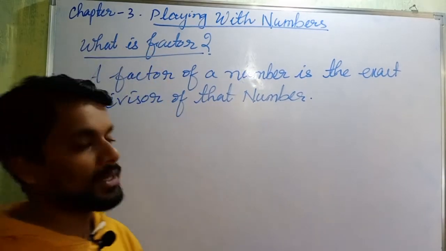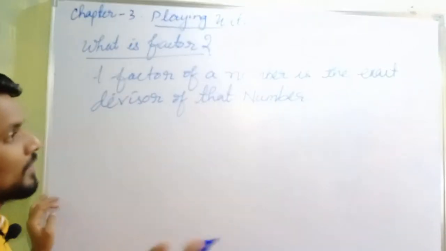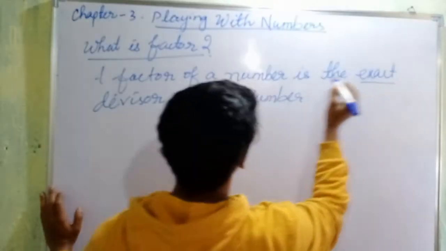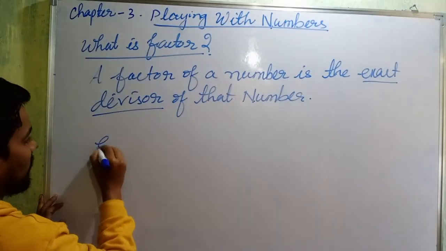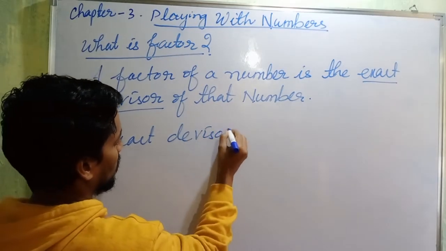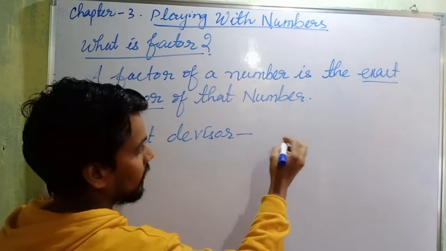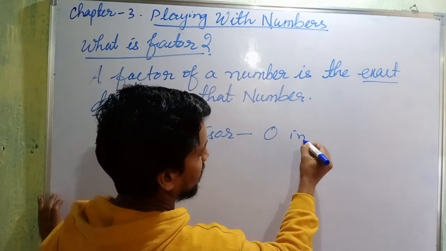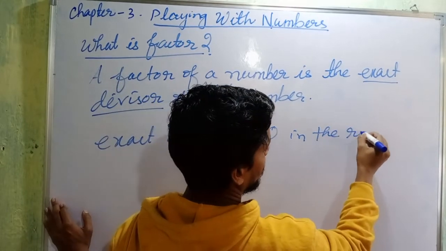A factor of a number is the exact divisor of that number. What is the exact divisor? When we get 0 in the remainder.